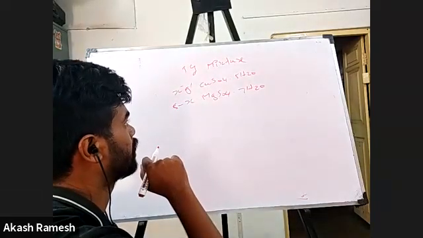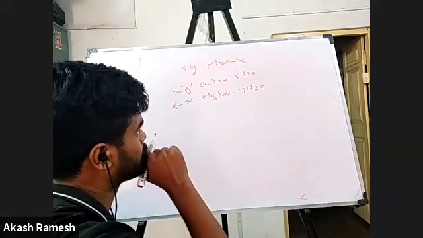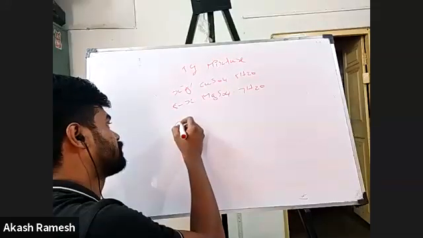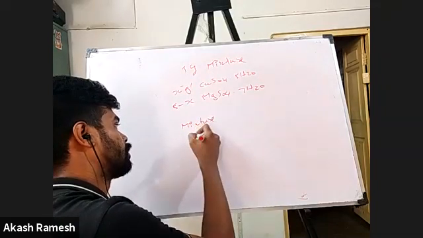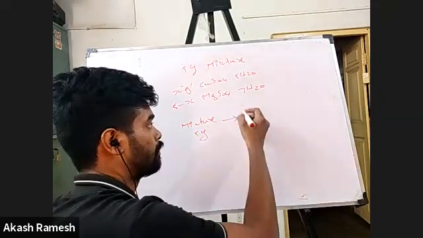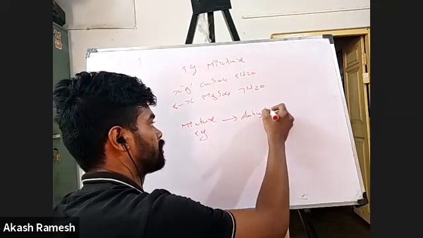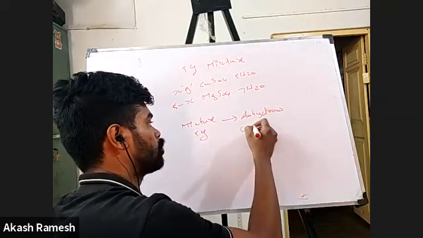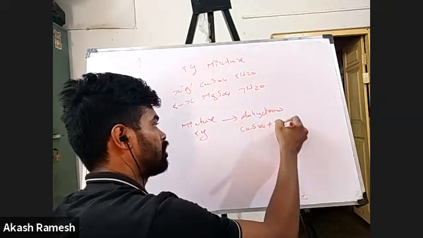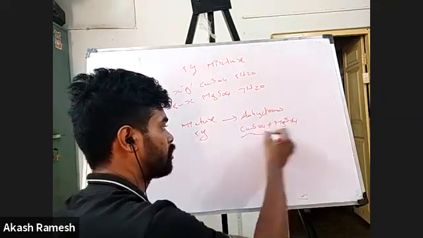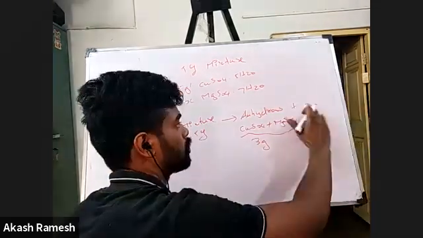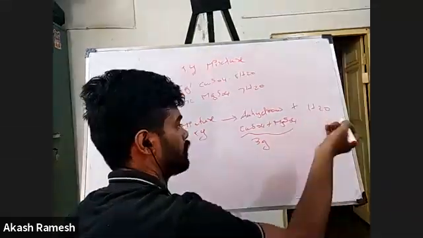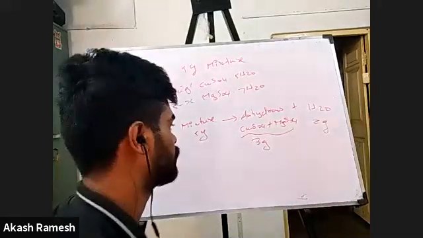If I do it in terms of the number of moles, the mixture, which was 5 grams, will form the anhydrous CuSO4 plus anhydrous MgSO4, which is 3 grams, plus water, which is obviously 2 grams.